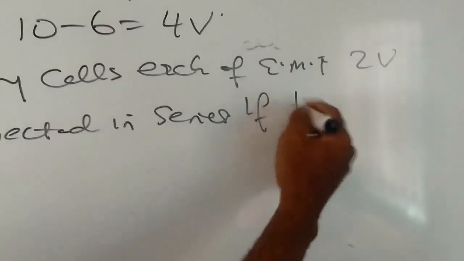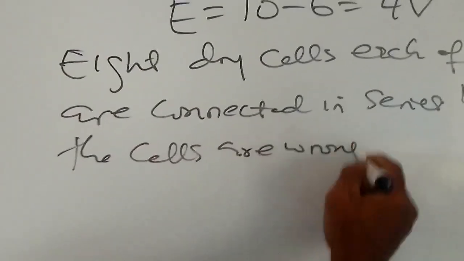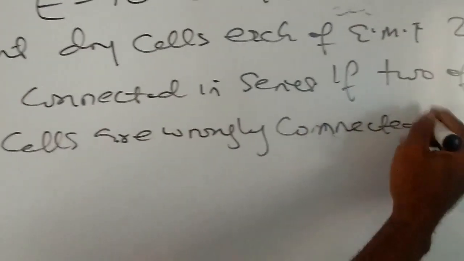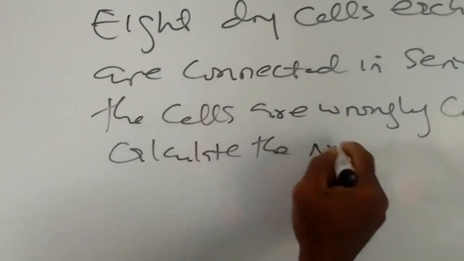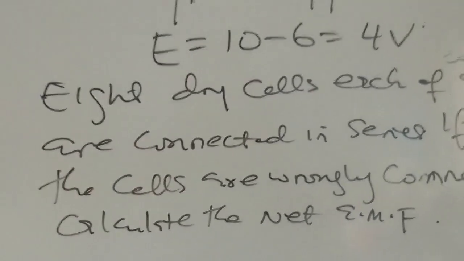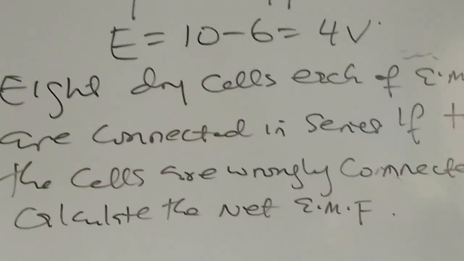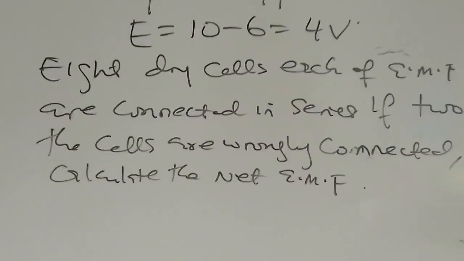If 2 of the cells are wrongly connected, calculate the net or equivalent EMF. So look at the question. 8 dry cells, each of EMF 2 volts, are connected in series. If 2 of the cells are wrongly connected, calculate the net EMF.